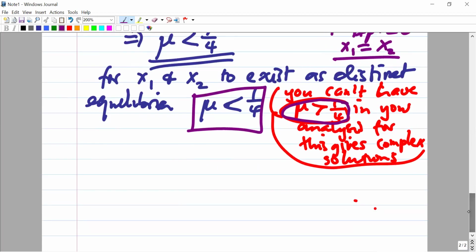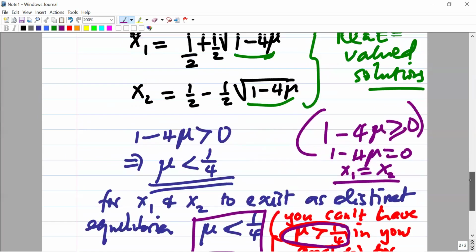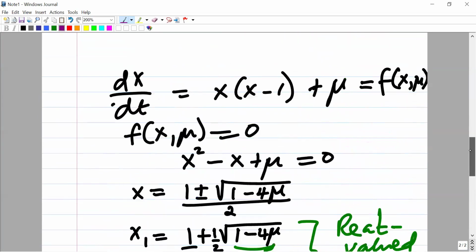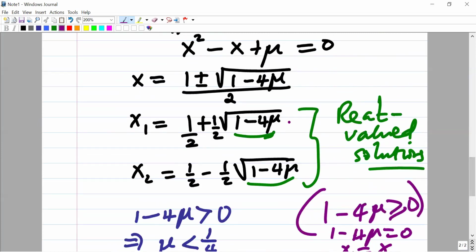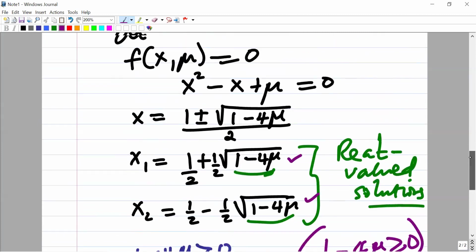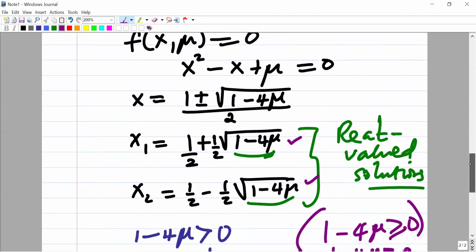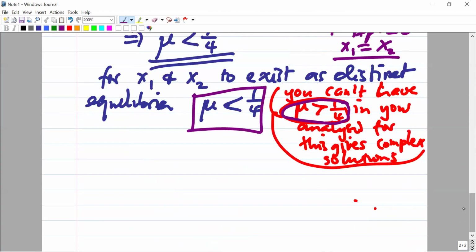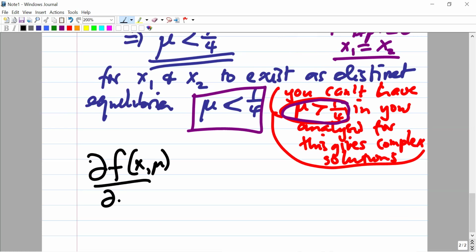All right. Now, given that we have x1 and x2, we need to check their stability. We still have to find the derivative of f with respect to x. But because f is a function of two variables, x and mu, we have to use partial derivatives.